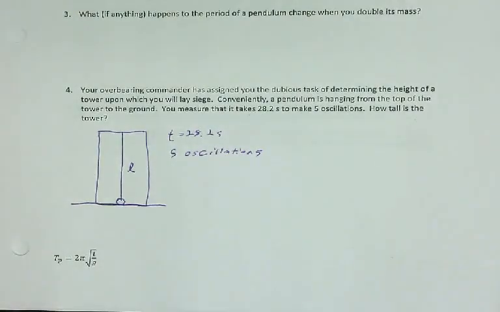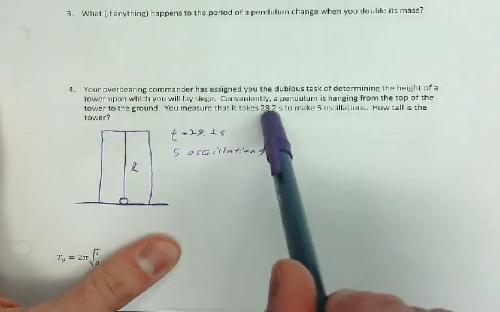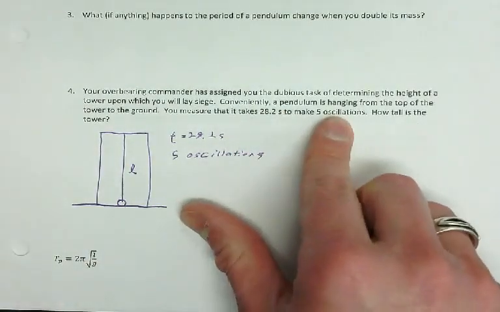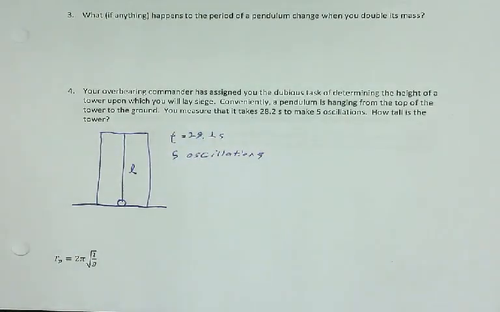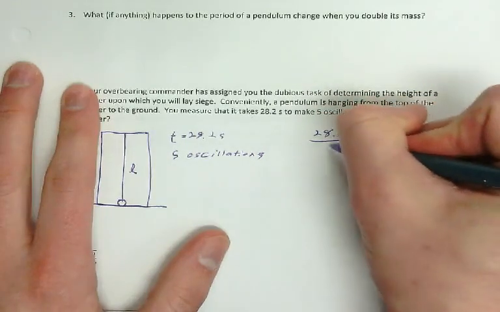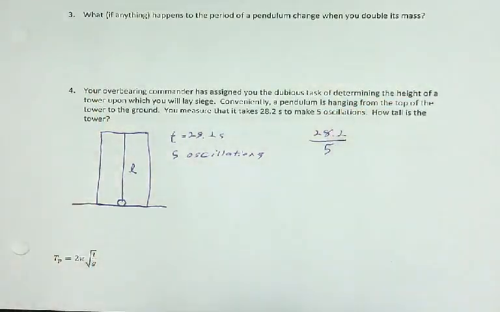So the first thing I do is put the period down, which is tempting to use 28.2, because that's the time. But that's the time to go 5, not the time to go once. Period's the time it takes to go once. So I need to take the 28.2 divided by 5.